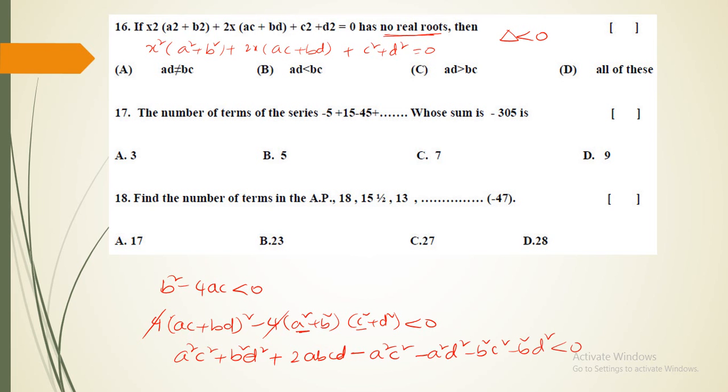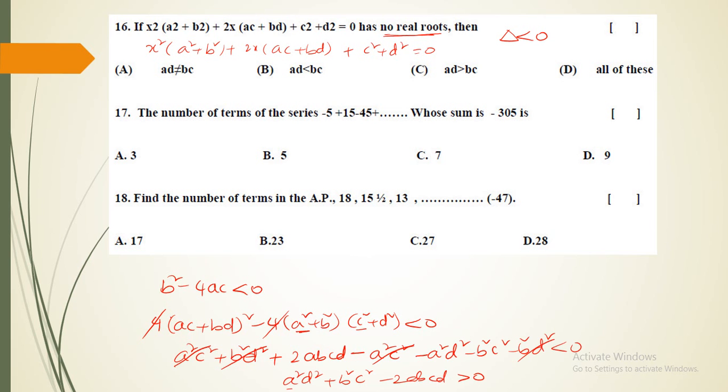So from this I can cancel a square c square minus a square c square, b square d square minus b square d square. Now if I take minus as common, I get a square d square plus b square c square minus 2abcd is greater than 0.